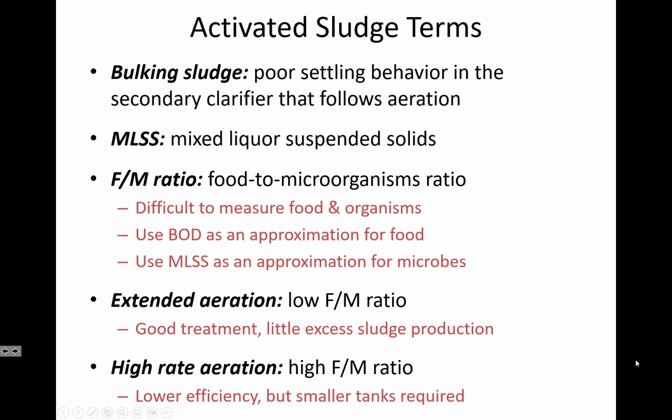Now, just to review some of these terms that we may have covered before in a tangential way, bulking sludge is sludge that settles poorly, and it's important in secondary treatment that we're able to recirculate a portion of the sludge that settles.